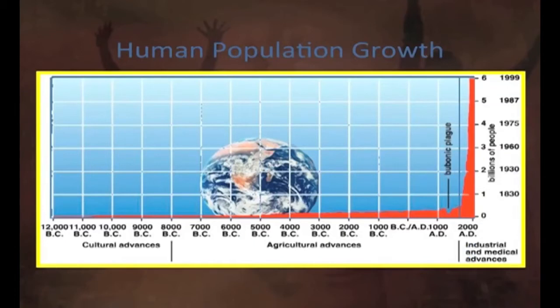Here in the initial period, that is up to 5000 BC, you can see that because of cultural advancements, the human population has slowly begun to increase in size. After 5000 or 6000 BC or 8000 BC to be more specific, beginning from that time till the 18th or 19th century AD, because of agricultural developments, the human population began to grow in size.